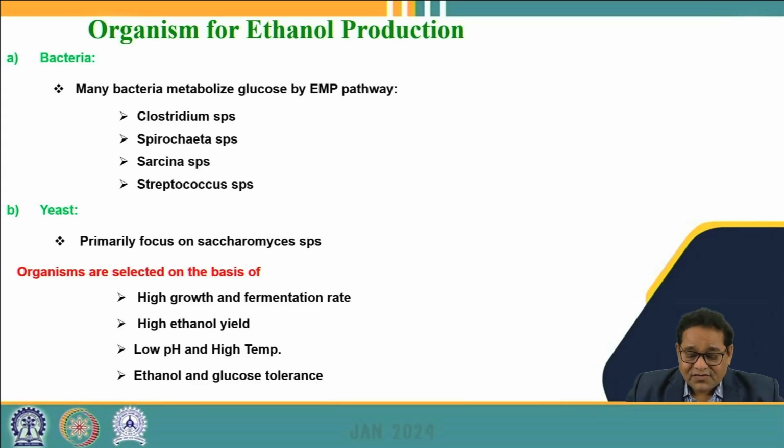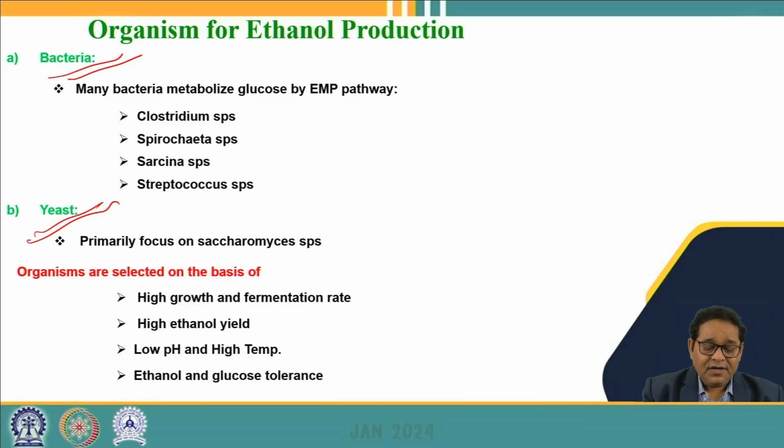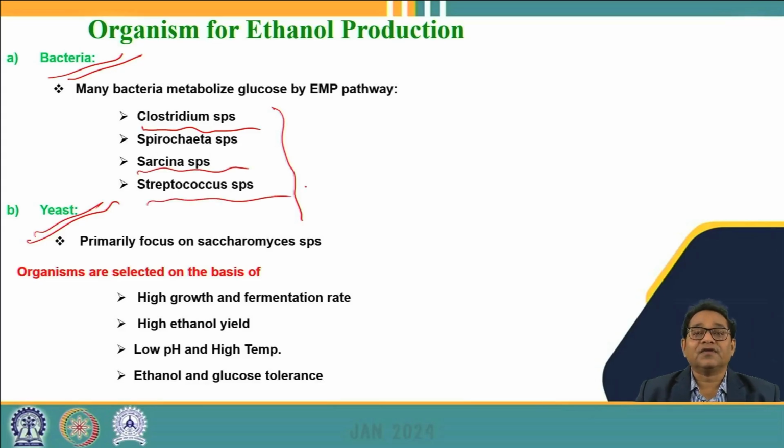Then let's talk about the various organisms used for carrying out this fermentation process. Bacteria can be used, and yeast cultures are also used, with different types of species. Under bacteria, there are the Clostridium species, Spirochaeta species, Sarcina species, and Streptococcus species.